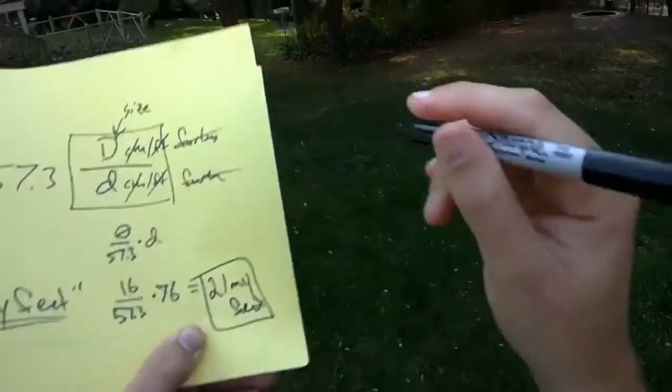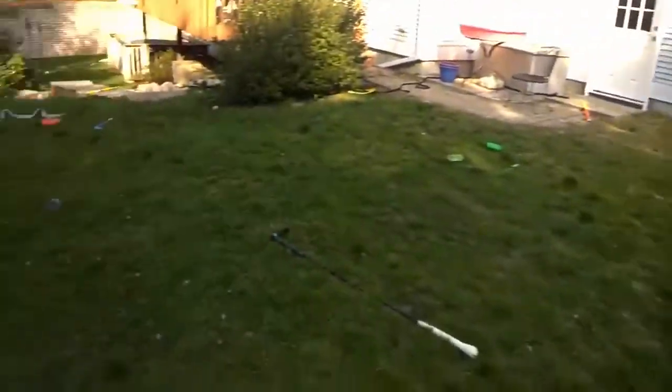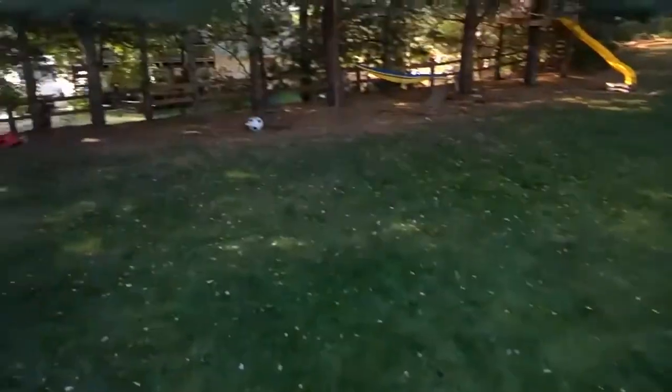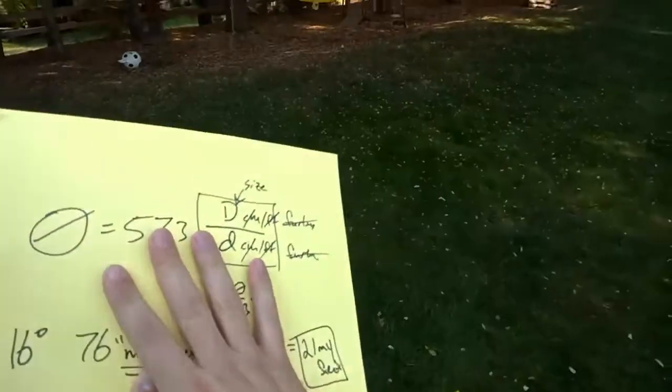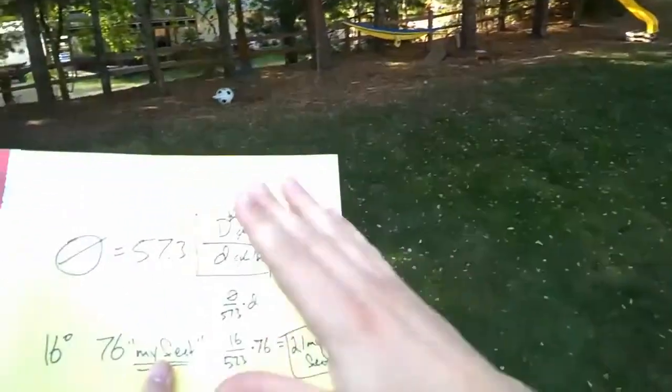There you go. I hope you see how this is maybe not useful in your everyday life, but it could be. If you were wondering how tall that building is, when you understand this equation and you have your hands and feet with you, you can actually estimate how tall things are.